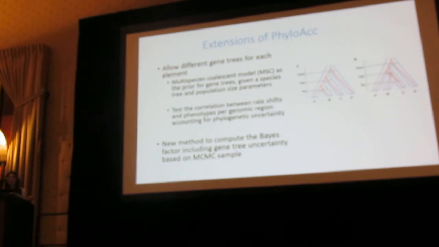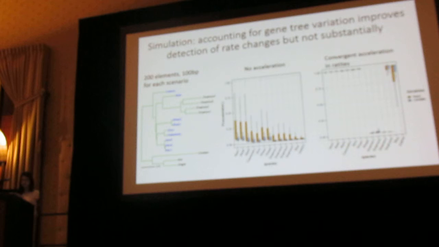The tree space is very large, and because we want to compute the Bayes factor, we have to integrate out all the configurations of the trees. It's very hard to compute the Bayes factors, so we have a new method to compute the Bayes factors, including the gene tree identity, based on MCMC samples.